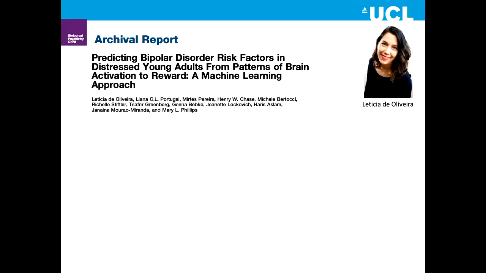In this study, we had fMRI data from distressed young subjects, in this case during a reward task. For each subject, we estimated a pattern of brain activations to reward. Here we trained a machine learning pattern regression algorithm called multiple kernel learning regression. The advantage of this approach is that it can learn the contribution of different brain regions for the prediction.